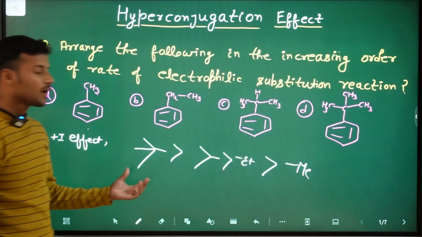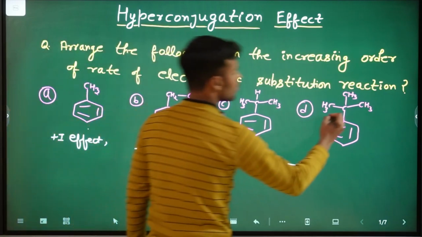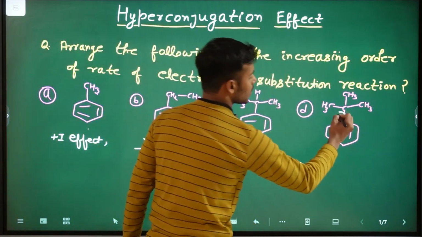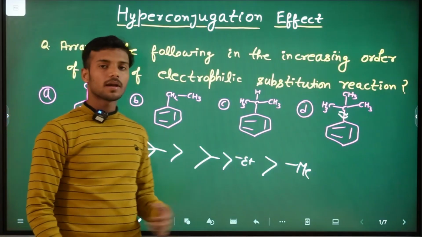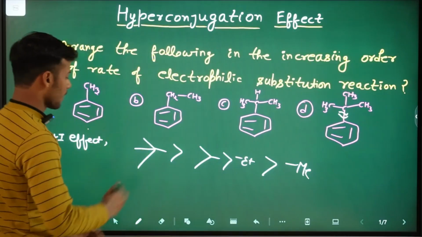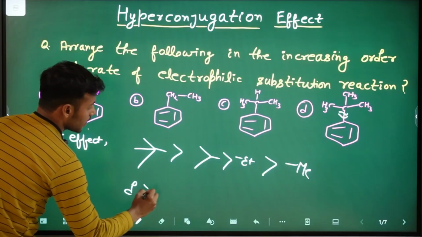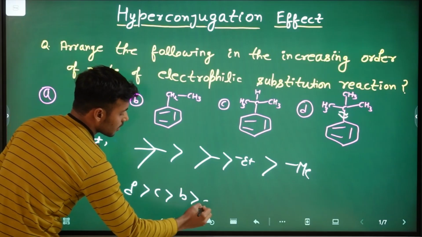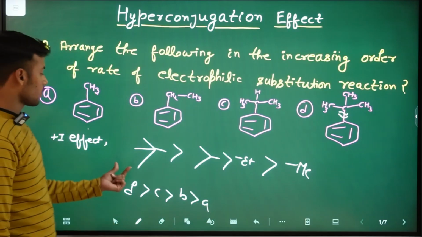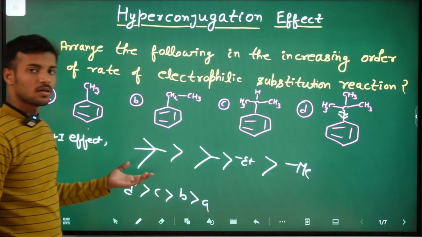So the T-butyl group has the higher plus I effect, so it will push more electron density into the ring. So the order of electrophilic substitution reaction is D, then C, then B, then A, because the order of plus I effect is like this.